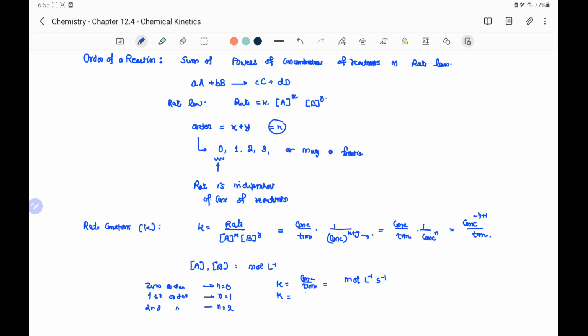So it has the unit of 1 by time, so it is equal to per second. Similarly, for second order reaction, k has the unit of concentration to the power minus 1 divided by time. So unit will be equal to per mole liter per second.